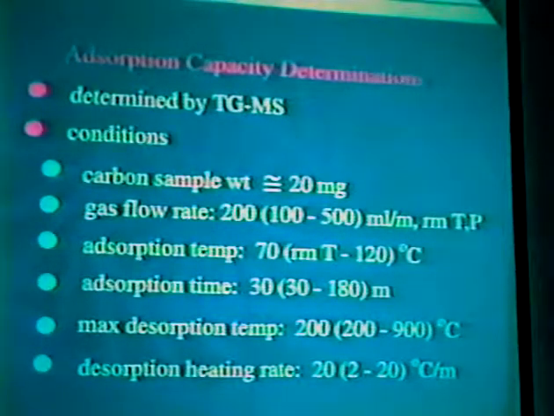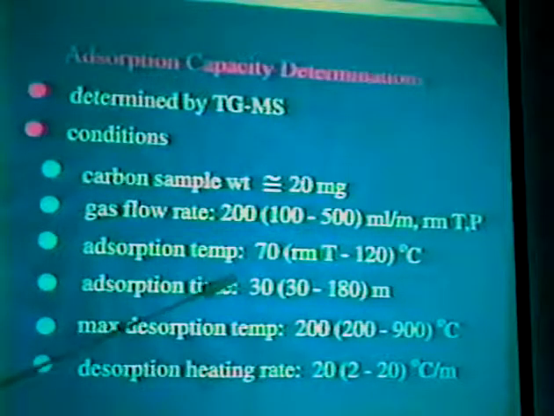The conditions that we use during this test: normally we have a carbon sample weight of 20 milligrams. Again, here I put the most commonly used conditions first, with the range of conditions that we've studied afterwards. Most of the time we use 20 mils per minute bypass gas flow, monitored at room temperature and pressure.